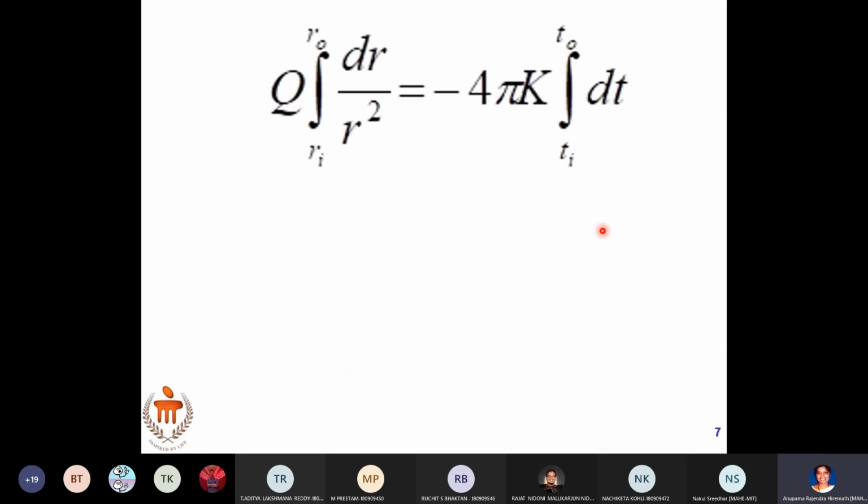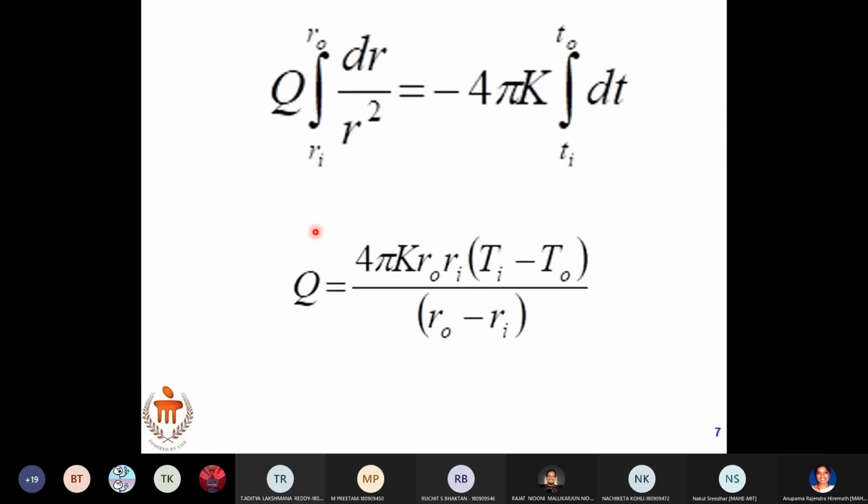Here you want to find k. Then you proceed with the integration, and finally you will get Q as 4 pi k Ro Ri times the temperature difference divided by (Ro minus Ri), where Ro represents the radius of the outer sphere and Ri represents the radius of the inner sphere.